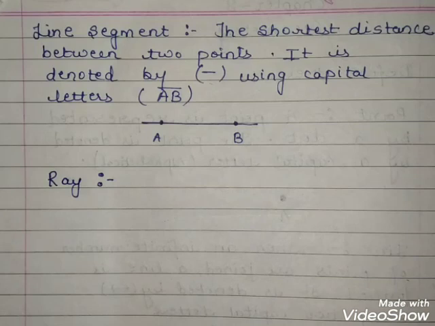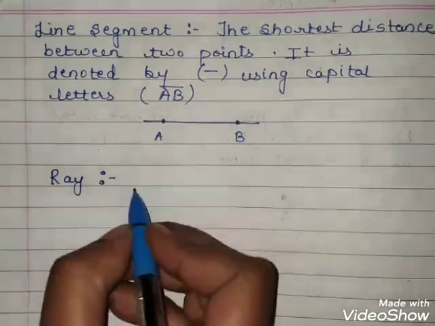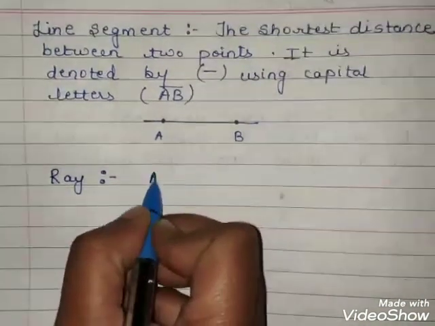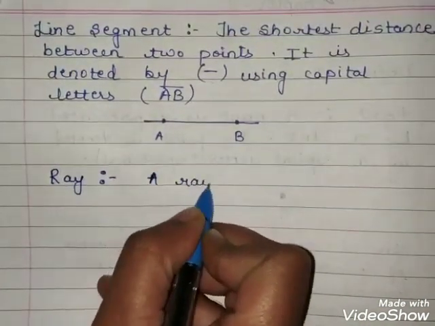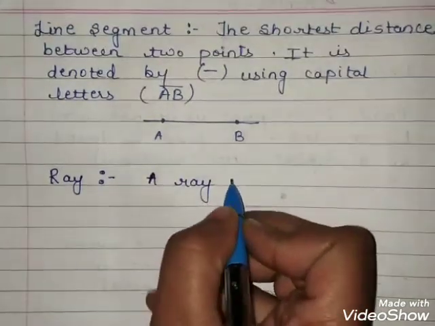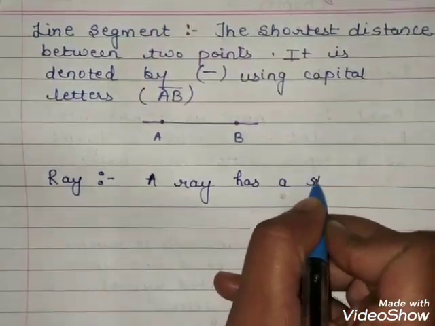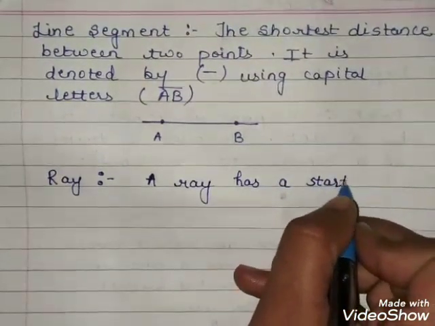So what we can say is that a ray has a starting point but no end point.